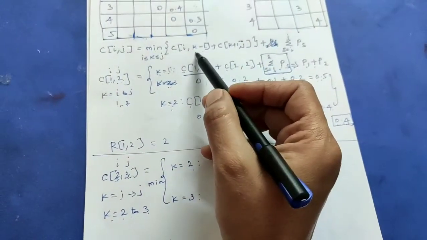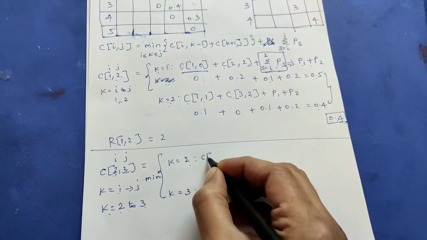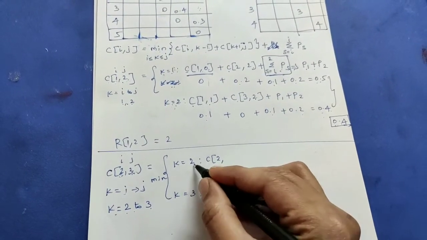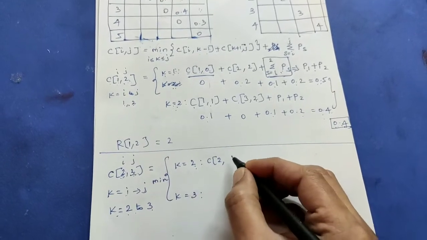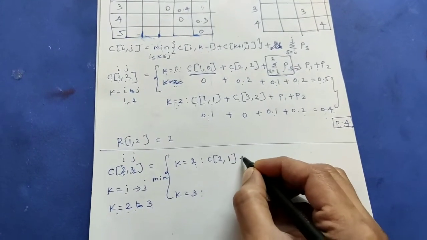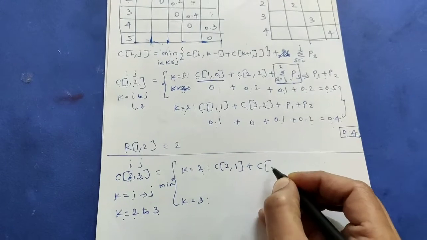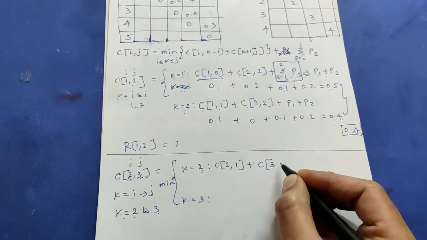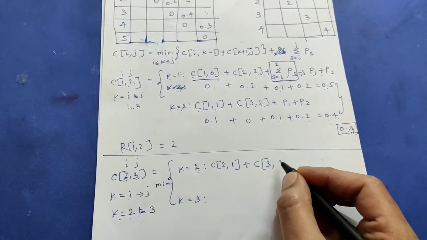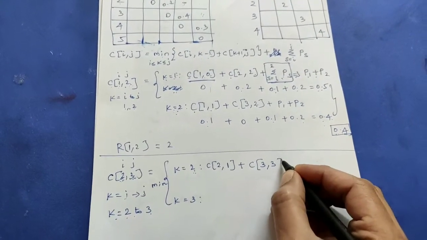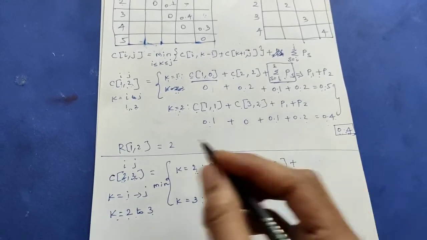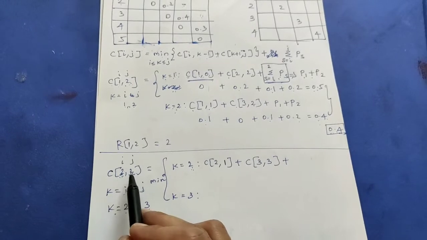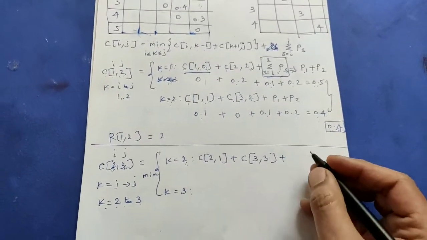In this equation, just try to apply C of I value is 2, k value is at present 2, 2 minus 1 it will be 1, plus cost of k plus 1, k is 2, k plus 1 is 3, comma j value is 3, plus probability of the second item plus probability of the third item.